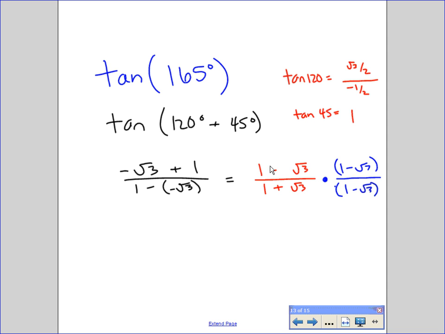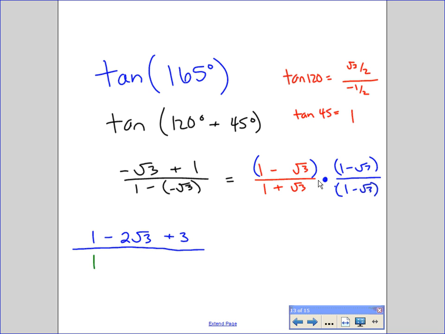I'm going to distribute across the top: 1 times 1, negative square root of 3, negative square root of 3, I'm going to write negative 2 square root of 3. You're welcome to write out all the steps of the binomial distribution if you need to. Negative square root of 3 times negative square root of 3 is a plus 3. Now, top to bottom, the reason we use the conjugate is because the radicals just cancel out, so I'm just going to multiply 1 times 1, 1 times 3, and 3 times 1.